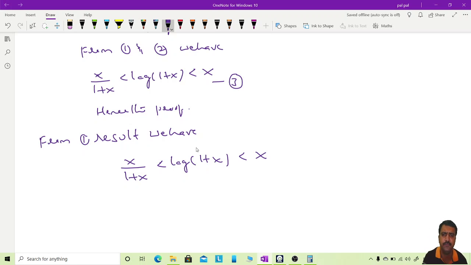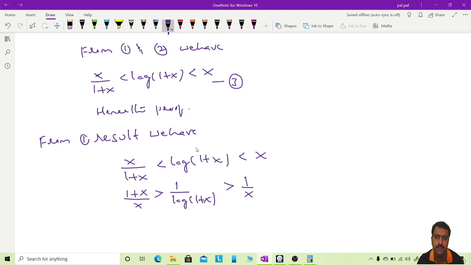What shall we do here? Take the reciprocal on all the terms of the inequality. If you take the reciprocal, 1 plus x by x comes first. Here, when taking the reciprocal, less than becomes greater than. So greater than 1 by log of 1 plus x is greater than 1 by x.